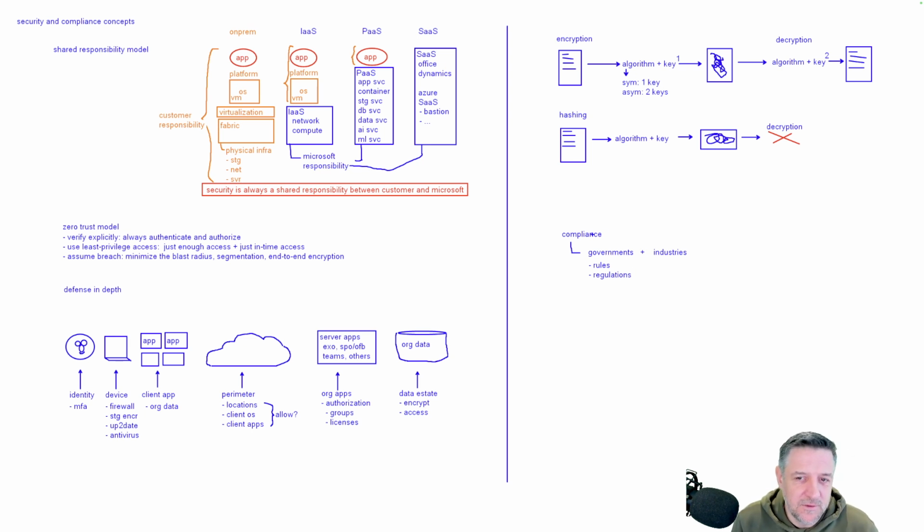So when we think about compliance, this is more about following rules and regulations in order to be compliant with those rules. Examples are GDPR, which is very well known, or ISO 27001, a very well known compliance regulation set, or HIPAA, which is in the United States, for healthcare information, and so many more.